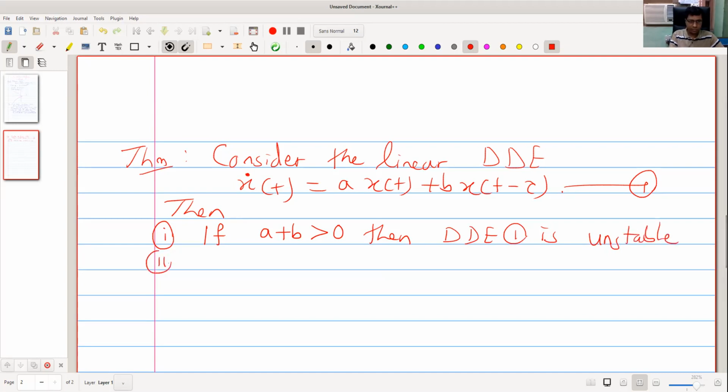Second result, if a plus b is less than 0 and b is greater than or equal to a, then DDE 1 is asymptotically stable.